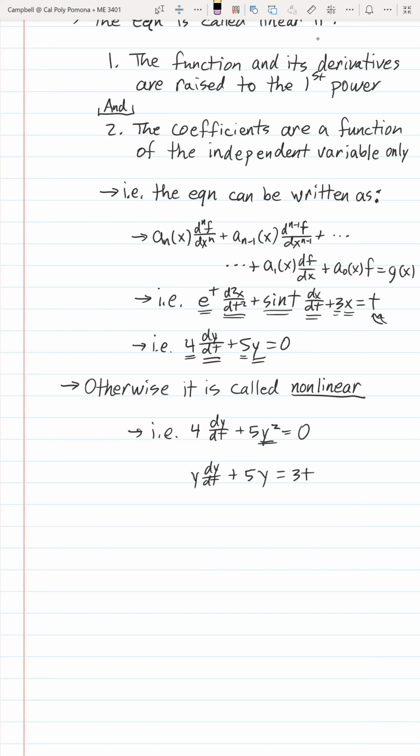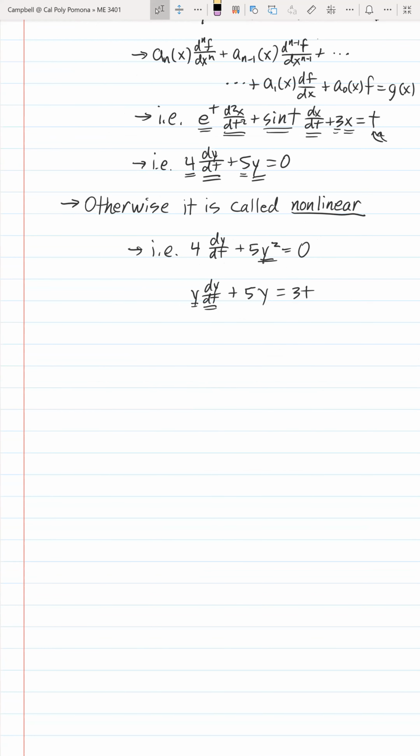Here we're multiplying the function and its derivative together, so clearly that would make it nonlinear. Now, if this y was a t, then this would again become a linear differential equation. But in this particular case, because we have y as the coefficient for the first derivative, this is clearly a nonlinear ODE.